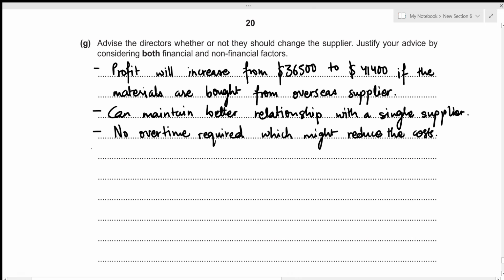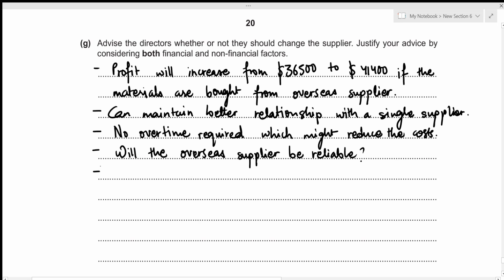All right, nextly, we do not know whether this overseas supplier is reliable or not. So that's still a question. Will the overseas supplier be reliable? And we're talking about an overseas supplier, meaning that that's from outside of the country.